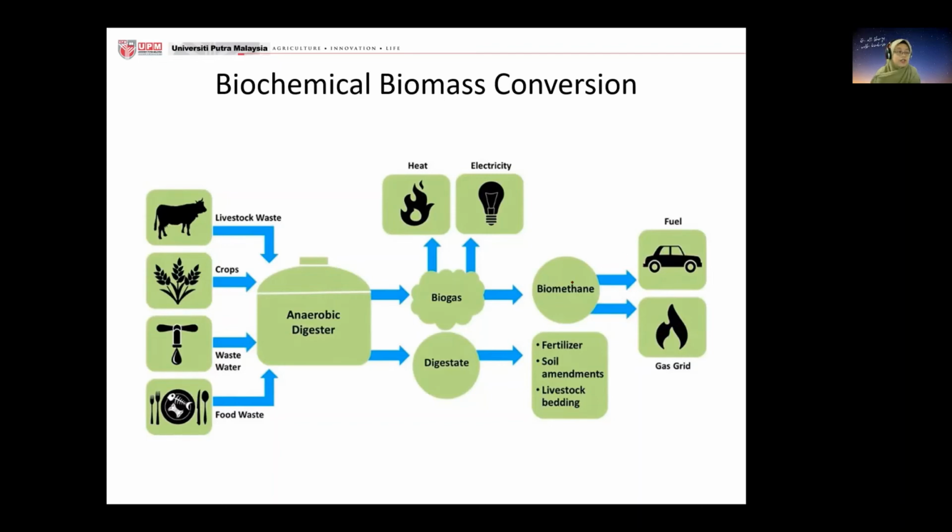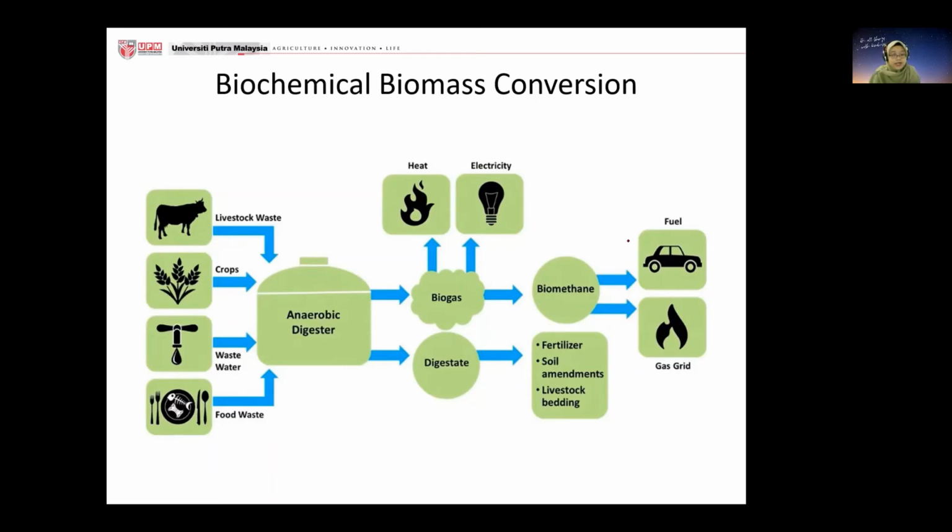Or you can inject that into the gas grid, but also, of course, this is more relevant to the cold countries, where they use gas for home heating systems.